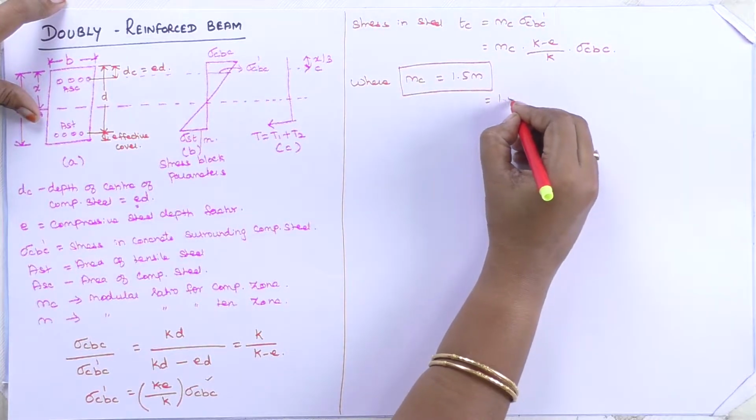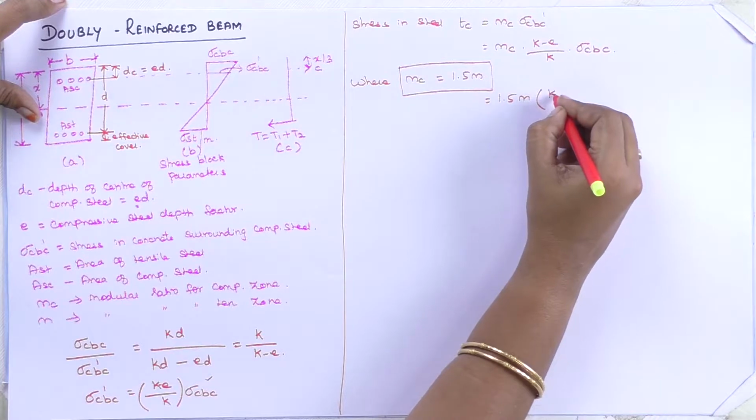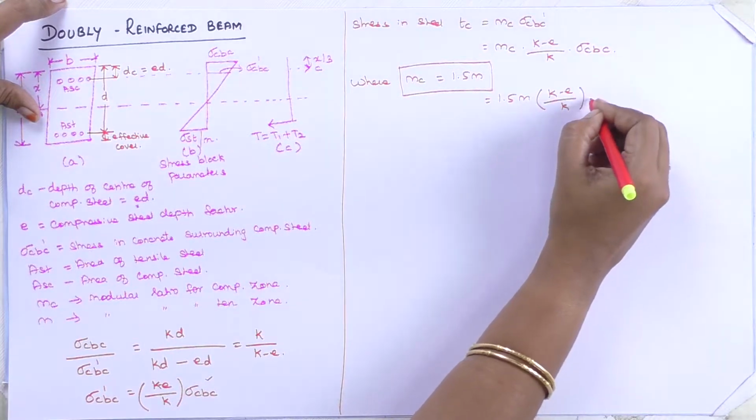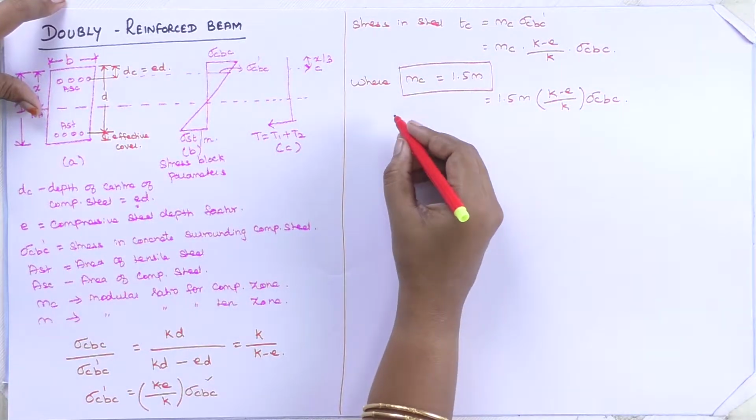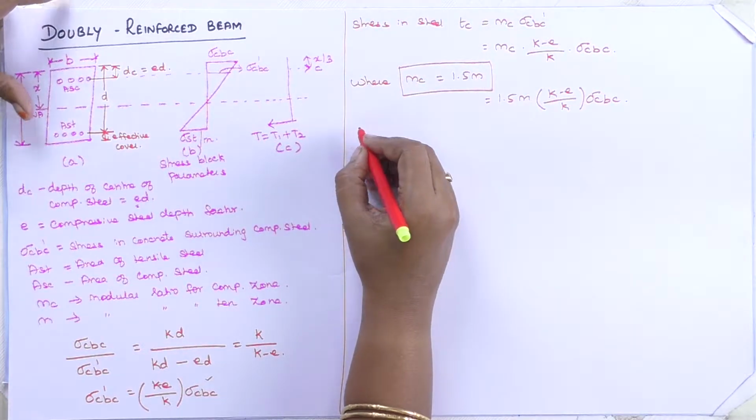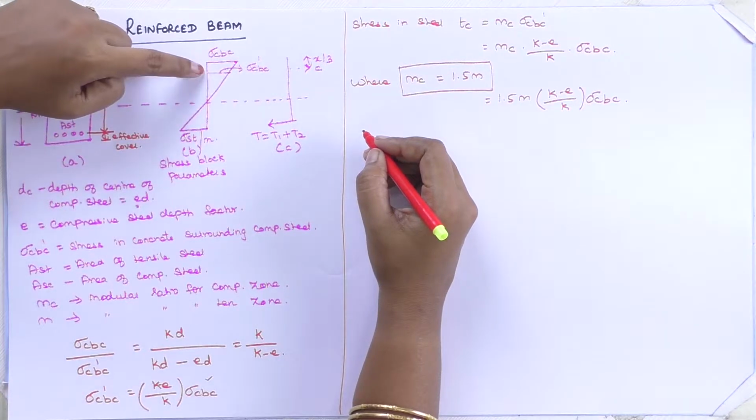That's why 1.5 m into k minus e divided by k into sigma cbc. Okay.